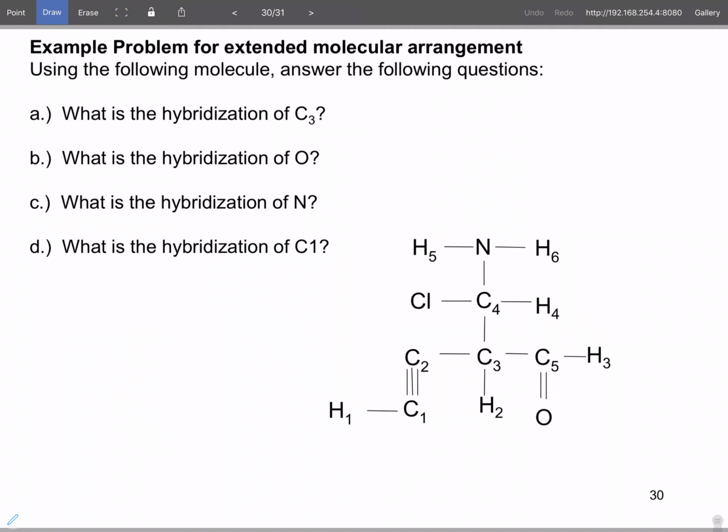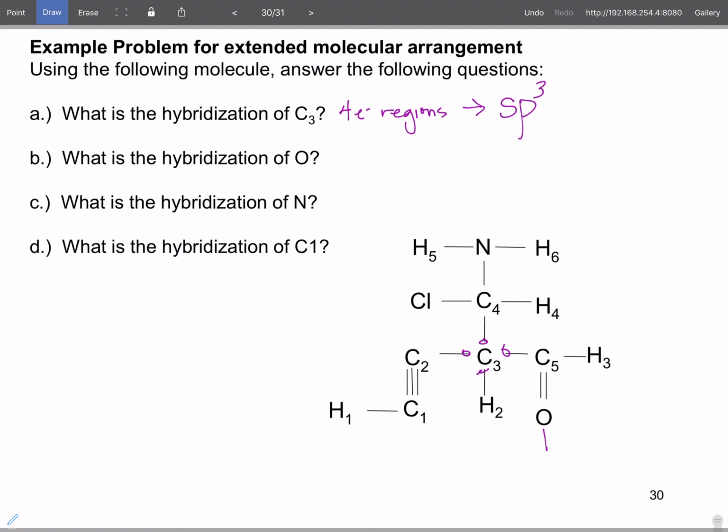So we're really looking at hybridization. The first one is C3. If we look at it, there's 1, 2, 3, 4, so we have 4 electron regions. So that means it's sp3.